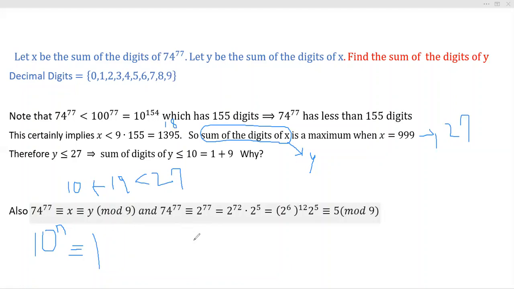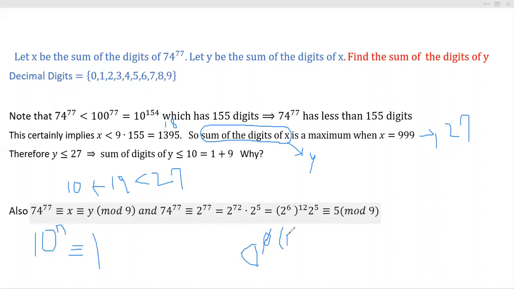The rest of this is more or less laws of exponents and using one more result that you may or may not be familiar with. It's Euler's well-known totient function, or the phi function. It's this symbol phi with a little slash through it.